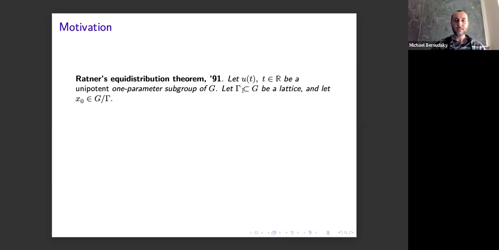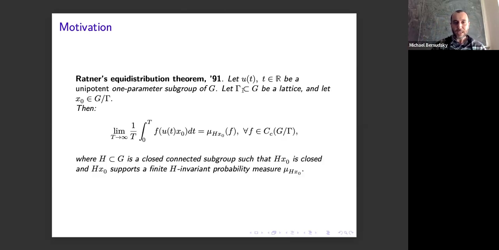Take gamma a lattice, and take a point in G mod gamma. Then we have this really nice equidistribution statement: those averages along the unipotent orbit always converge to a nice measure. What is this nice measure? You take H, a closed connected subgroup such that this orbit is closed, and this orbit has a finite H-invariant probability measure.